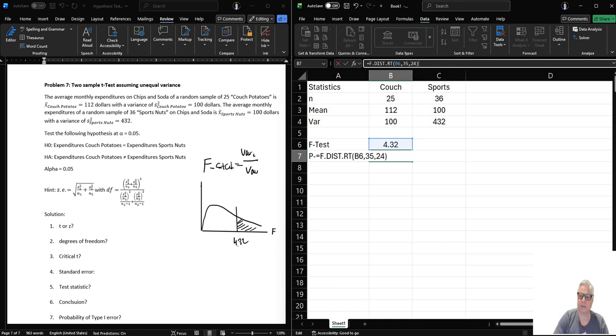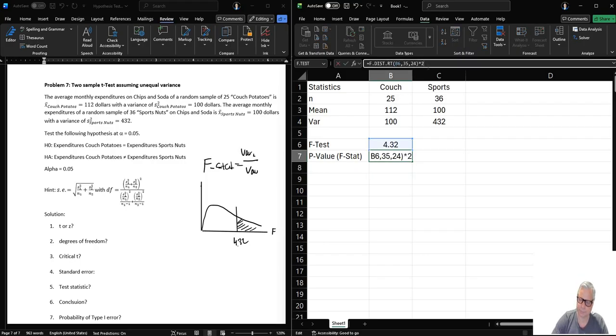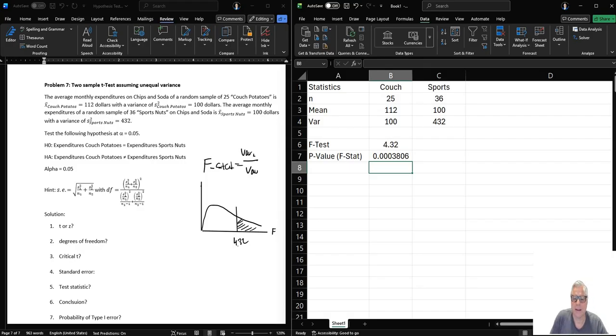But let's first take a look at what we get. So it's a very small number. And even if you multiply times 2, there's such a small probability that we can clearly assume that those variances are unequal.